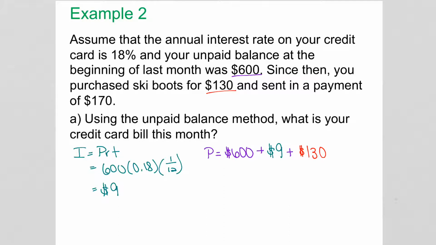You didn't have any returns, so we won't even put that, and minus a payment you made, which was $170. And that ends up as $569 is what you'll have in the account at the end of the month.